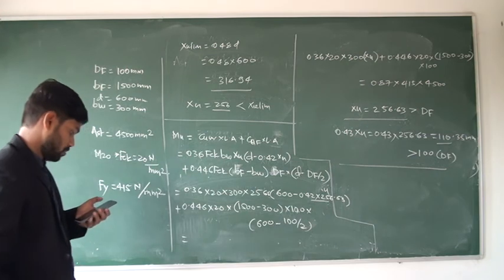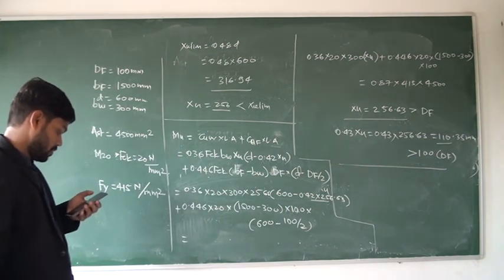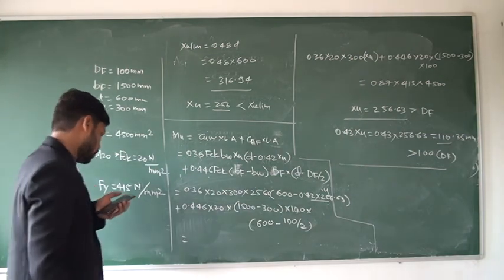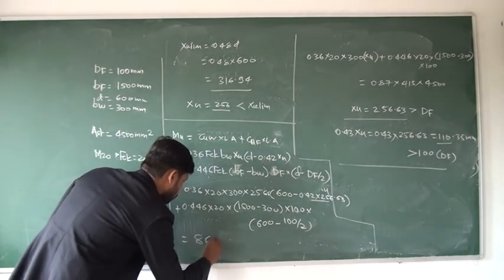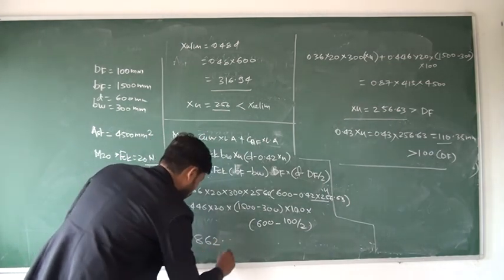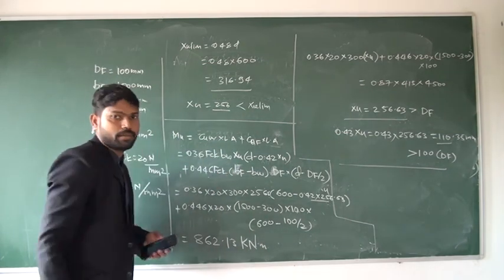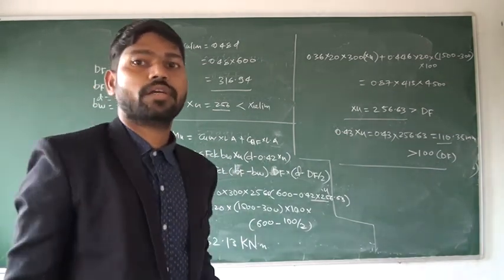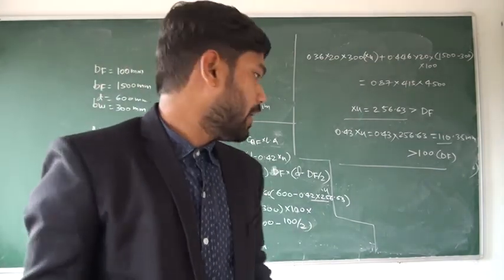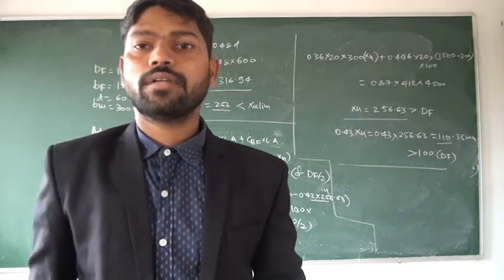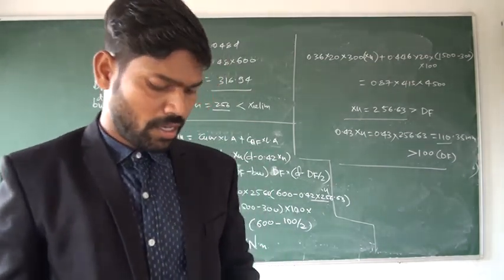Okay. Now if you calculate this, you will get the value of MU. It is 862.13 kilonewton meter. If you calculate this, you will get the MU value as 862.13 kilonewton meter.